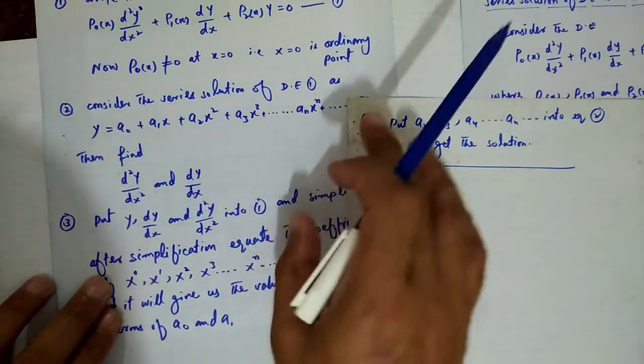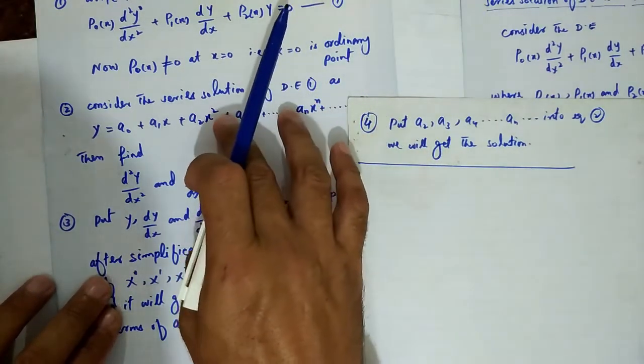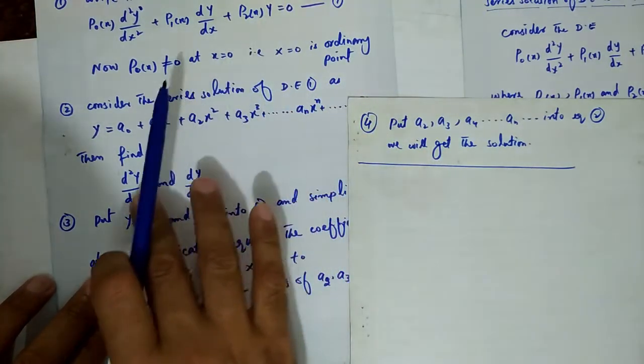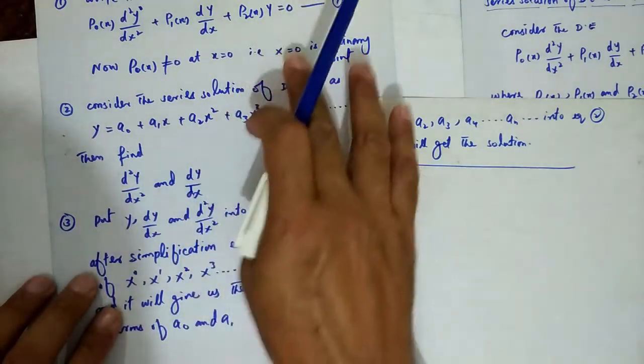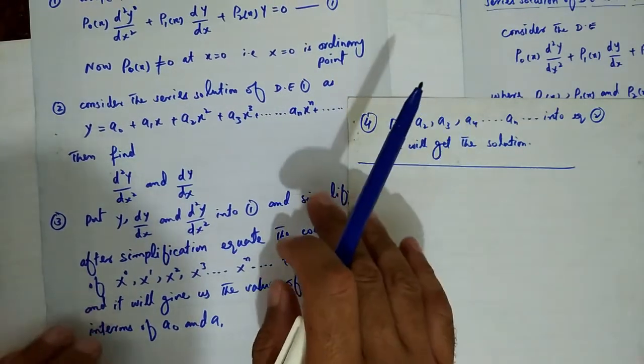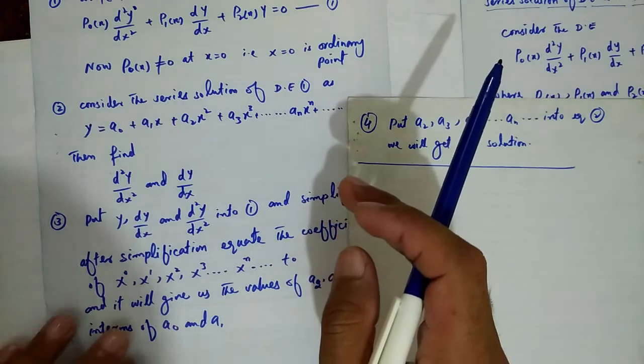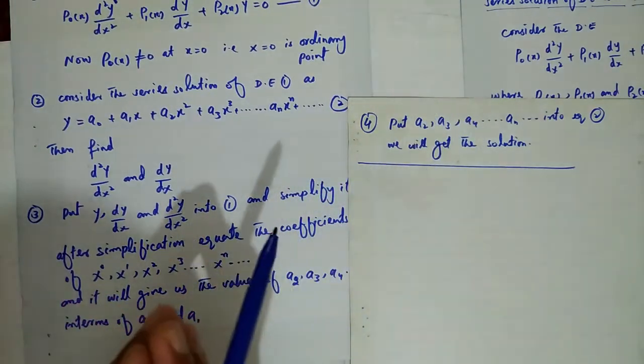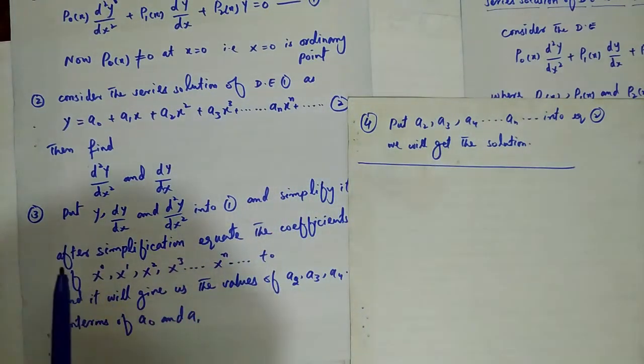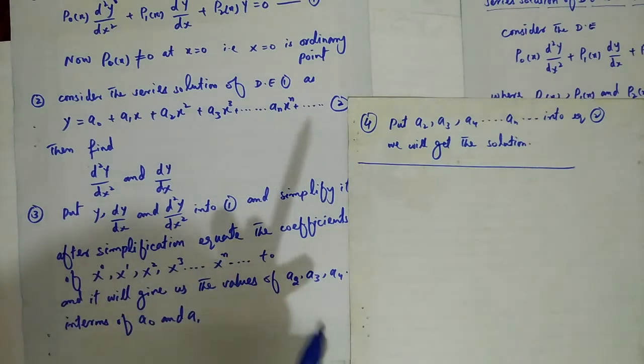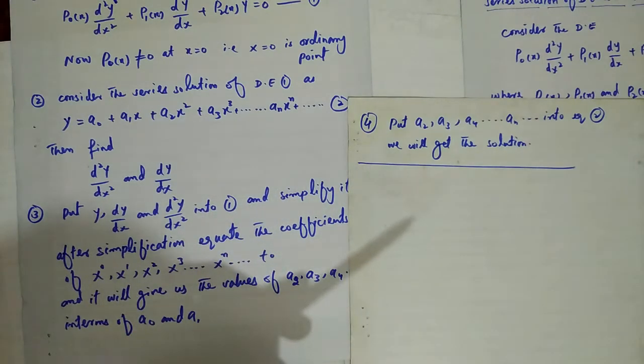Then substitute the solution, its first derivative and second derivative in equation number 1. And after simplification, we will equate all the coefficients of x to the power 0, x to the power 1, x square, x cube and so on to 0, and after that we will get a2, a3, a4 and so on.